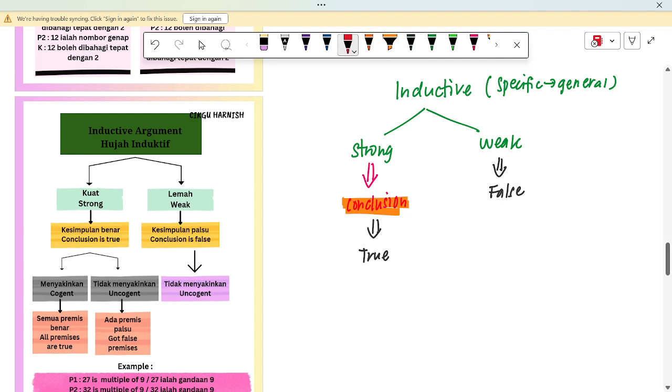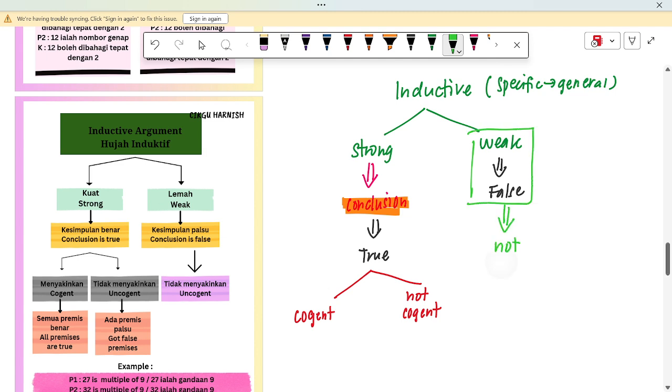So once your conclusion is true, we will determine our next thing, which is cogent or not cogent. For weak, it will directly become not cogent. Cogent means convincing, so it's not convincing. So once your inductive statement is weak, automatically it will become not cogent, not convincing.